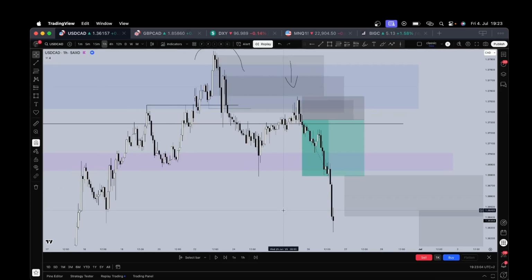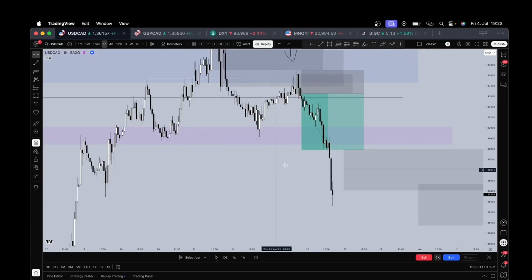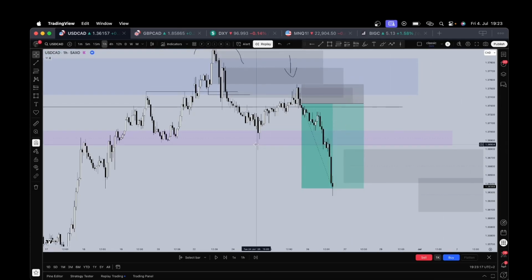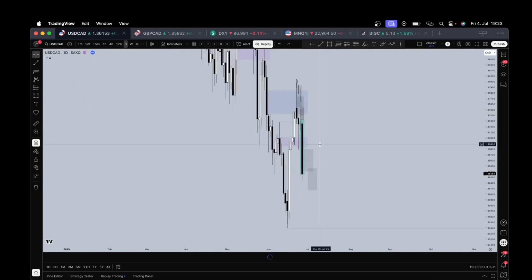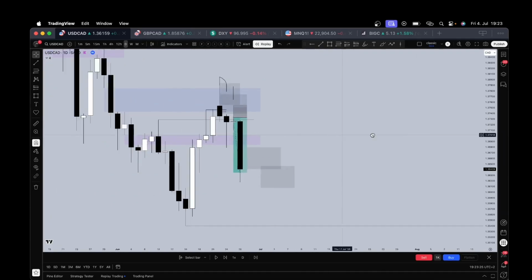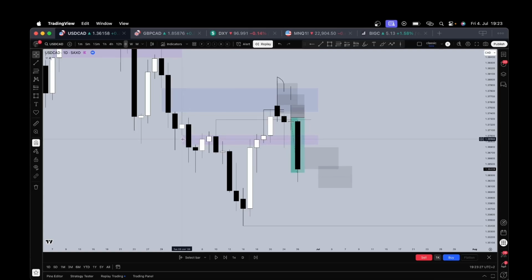And as you can see, price printed the lowest value, then sold off and hits the first TP, and then also continues into the second objective. And now again, here we are bearish then on the H4 and the H1. And now if we check the daily time frame, you can see as well, we did close back below this fair value gap, which we use as resistance, then closed above support, close back below.